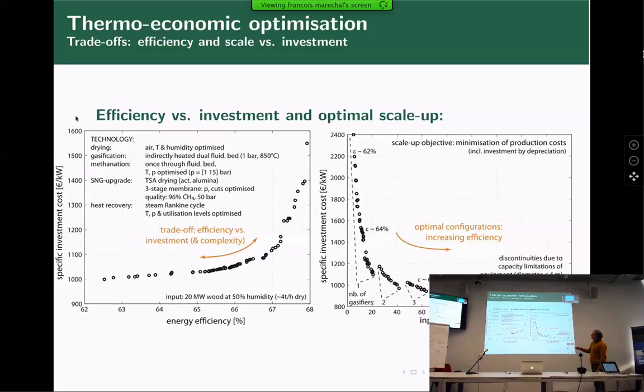We also have jumps. For example, up to here I can do it with one single gasifier, but after a certain size, I need a second gasifier. That's what explains the jumps. So of course I have to exploit the maximum of the typical size of a gasifier to get the lowest cost.